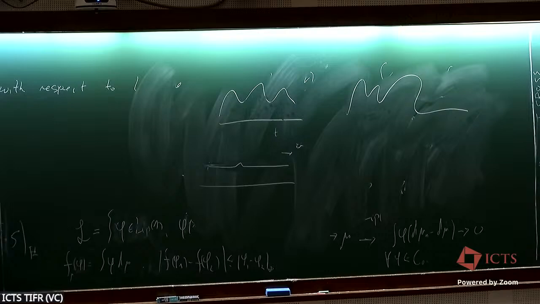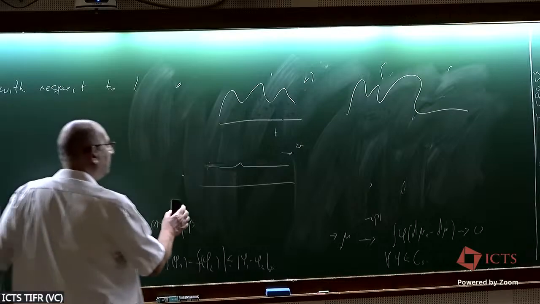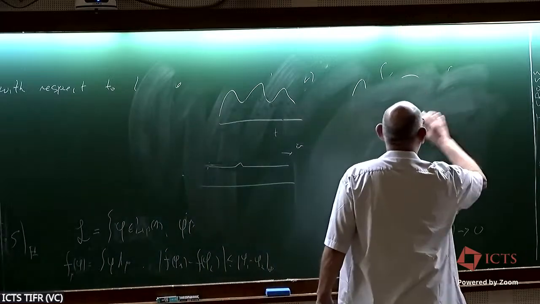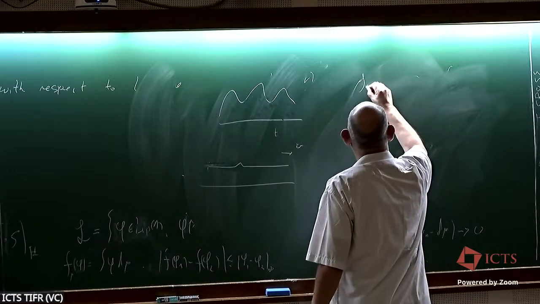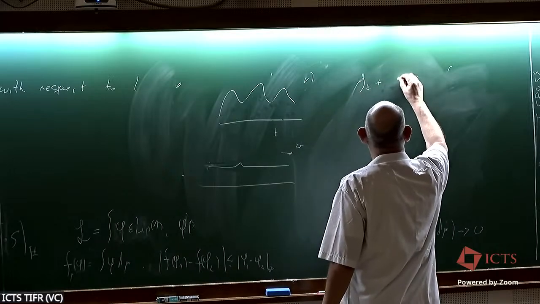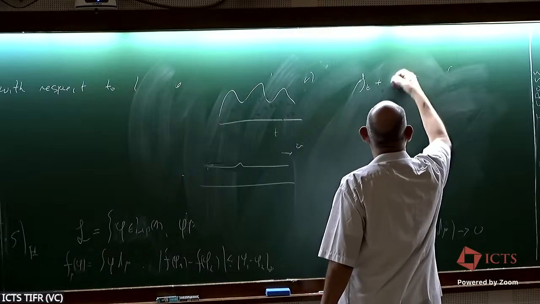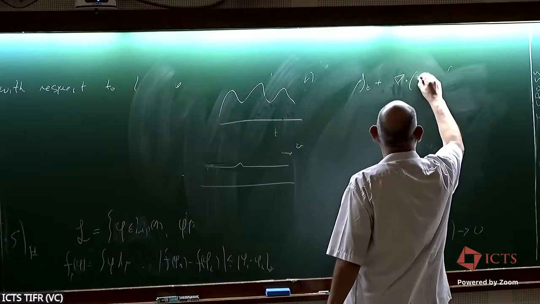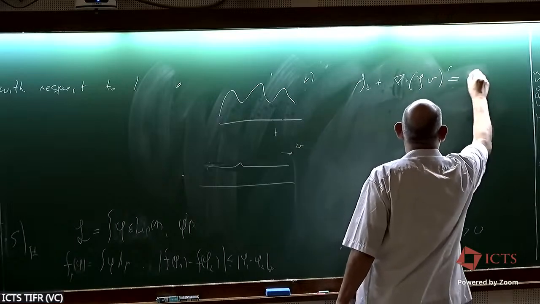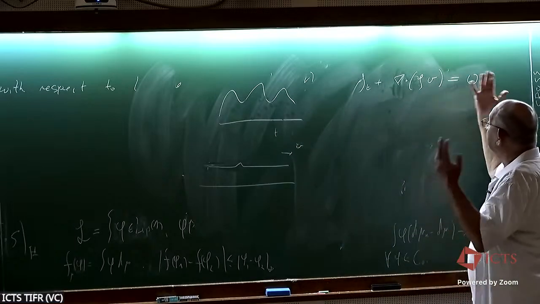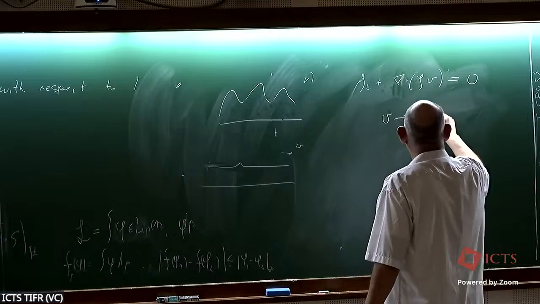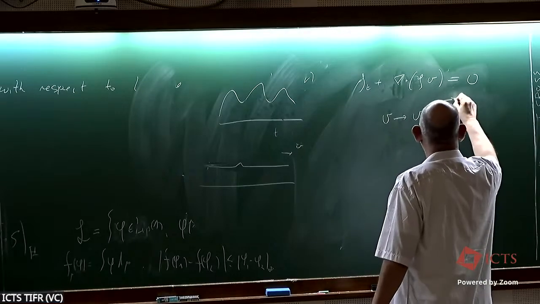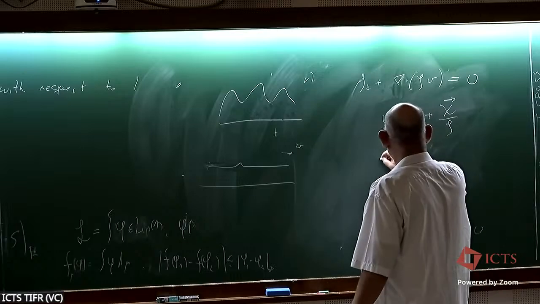Even for smooth distributions, if we have a continuity equation in the classical sense, then at least if rho is positive everywhere, we can add to V some vector field over rho which is divergence free.